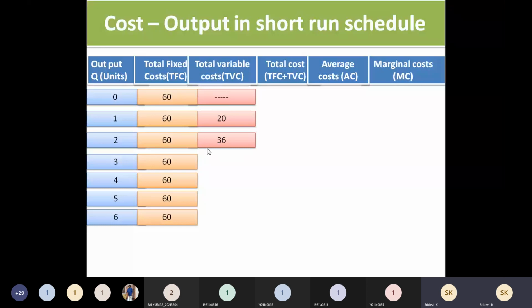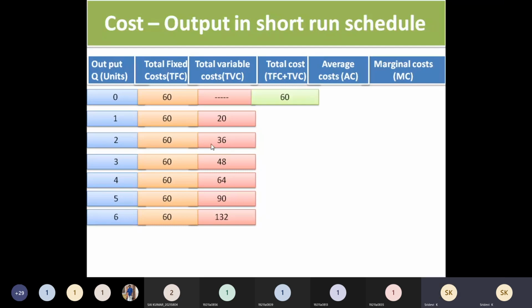I am taking at 2 units of output 36 rupees, at 3 units 48, at 4 units 64, at 5 units of output 90, and at 6 units of output 132 rupees related with the total variable cost. So this goes on increasing along with the output. That is the reason these are called total variable costs.